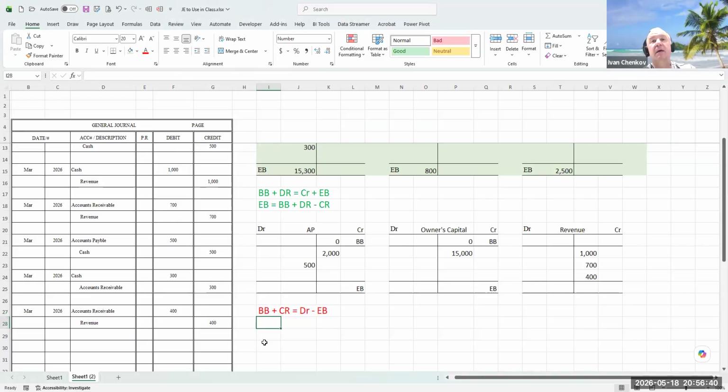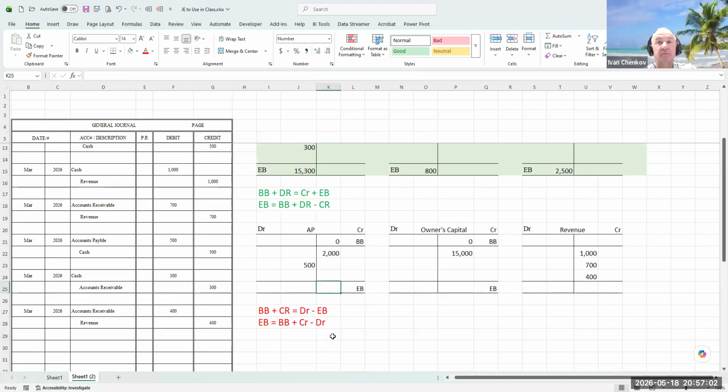So how are we going to get the ending balance? Very simple. The ending balance here is going to be equal to the beginning balance plus credits minus the debits. And that's how we're going to get it.